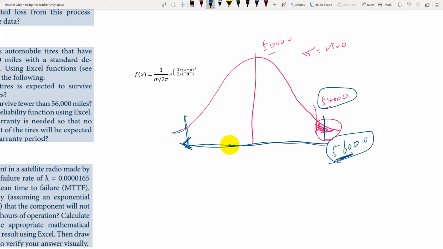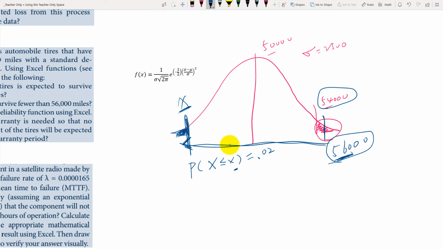So what value of X do you need to find such that there are only 2% of total tires I can actually service? What should be this X that only has less than 2% before that point? So we are asking for the X such that the probability of less than X is equal to 2%.